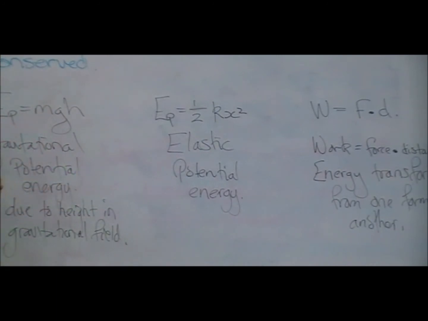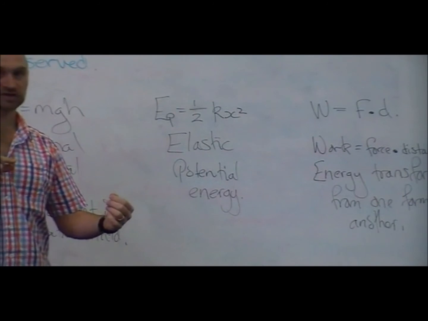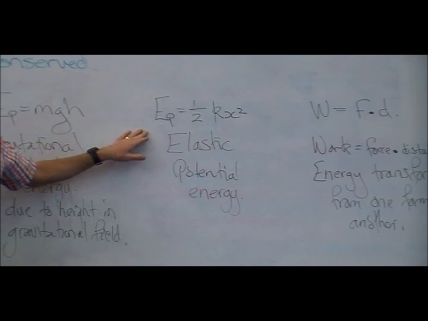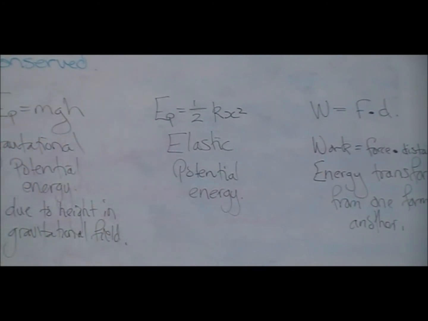When you let it go, that potential energy turns into kinetic energy. And so it's similar to gravitational in that we're storing energy, ready to release it, but we're not storing it in a gravitational field, we're storing it in an object by deforming that object, like stretching it or compressing it.